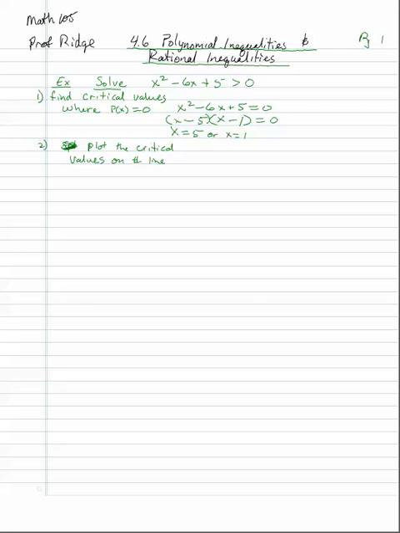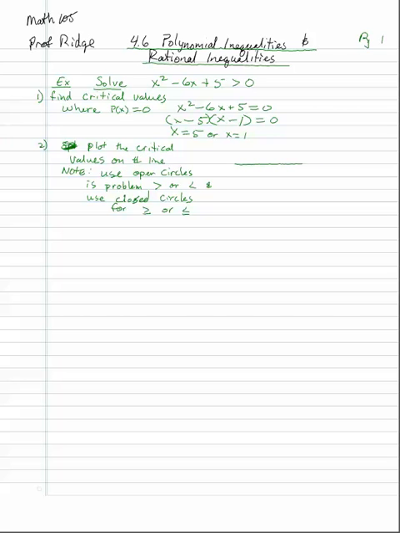Now note, use open circles if a problem is greater than or less than, and use closed circles for greater than or equal to or less than or equal to.